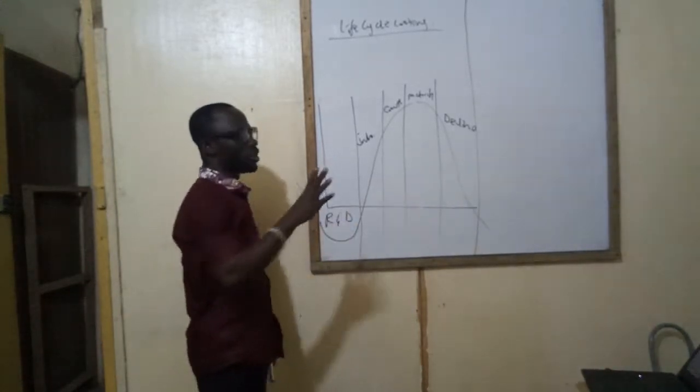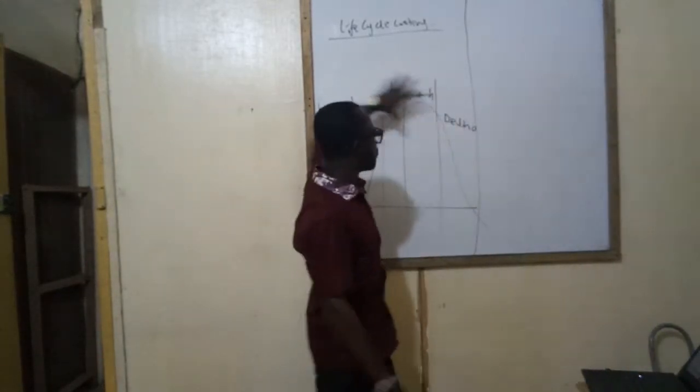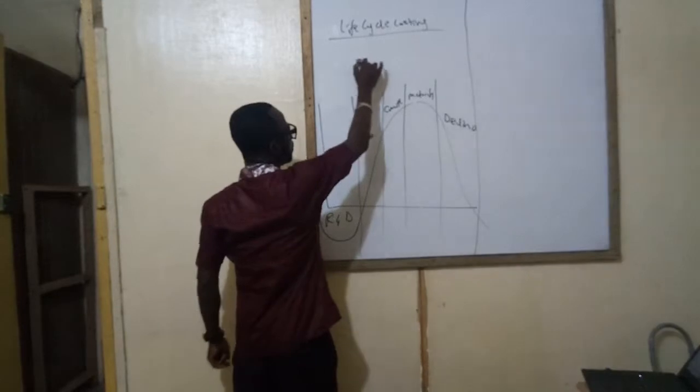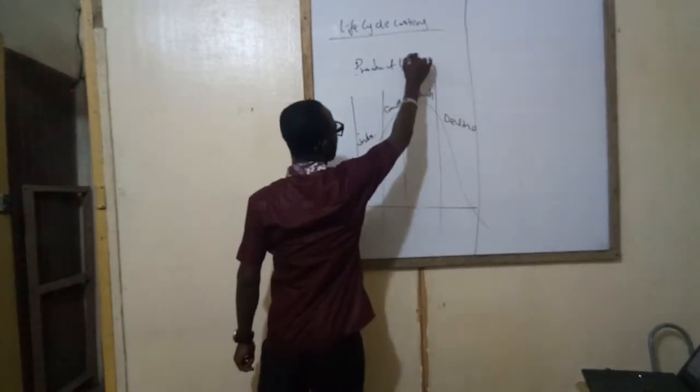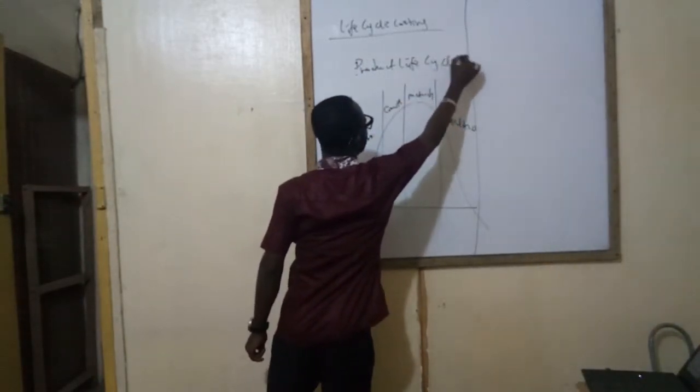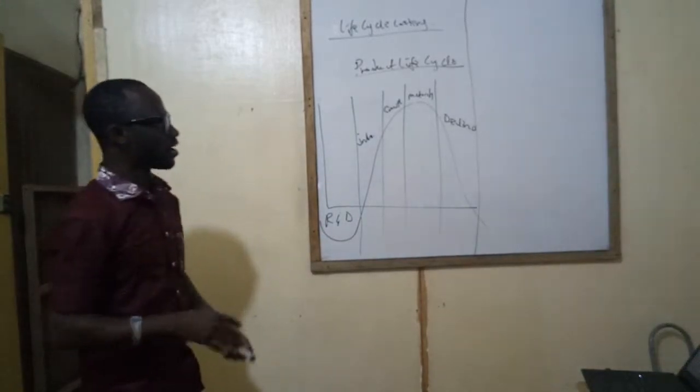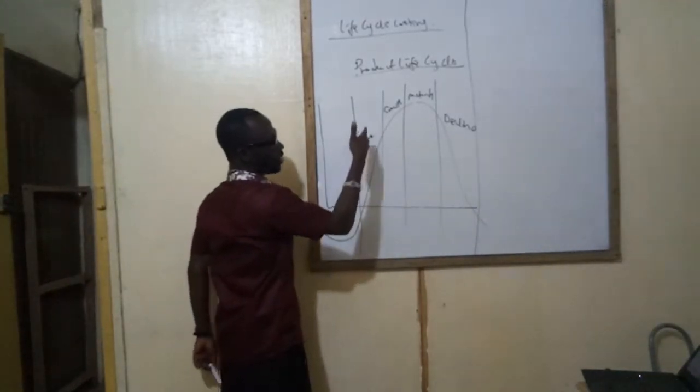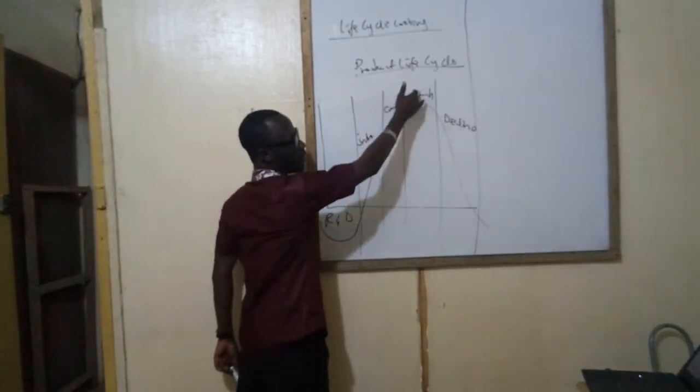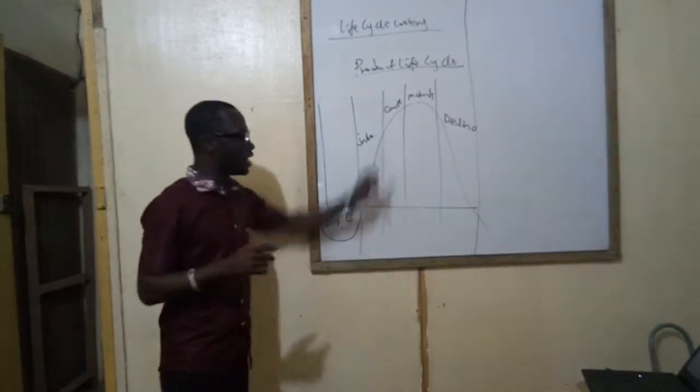So when you see a typical product life cycle diagram, it starts with introduction, growth, maturity, and decline.